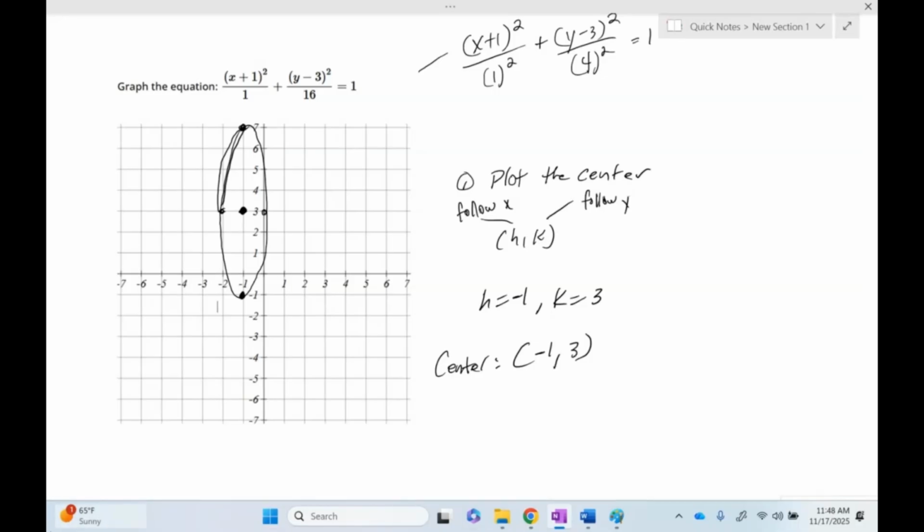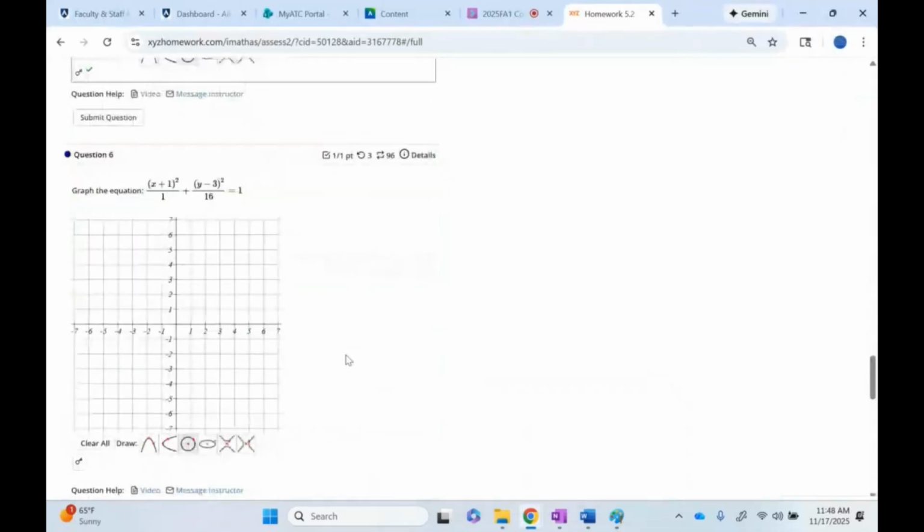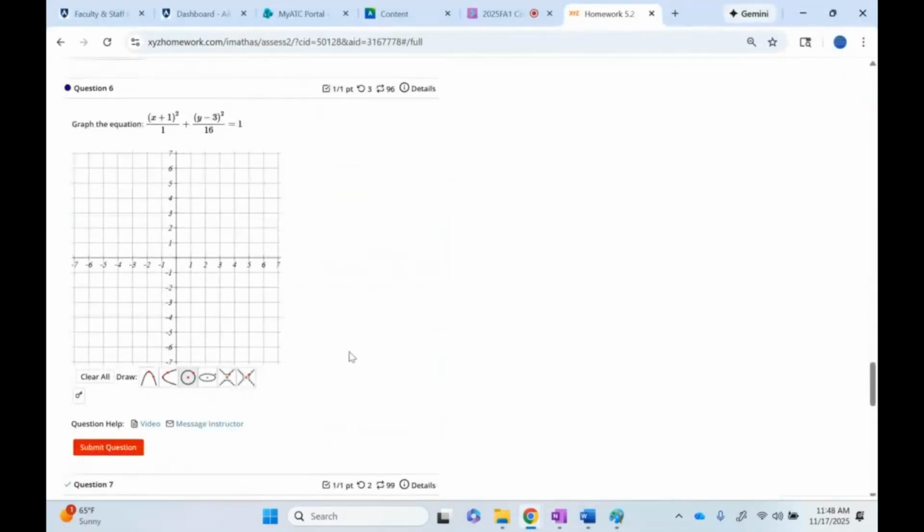All right, now here's what it looks like on the computer. I believe this is it, x plus 1. Okay, so same thing. You want to choose the correct conic, so it's ellipse. I noticed they don't really give you all that orientation stuff. First thing I'm going to do is plot the center. So we determined that the center was negative 1, 3.